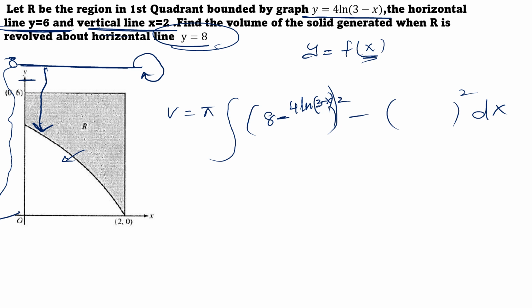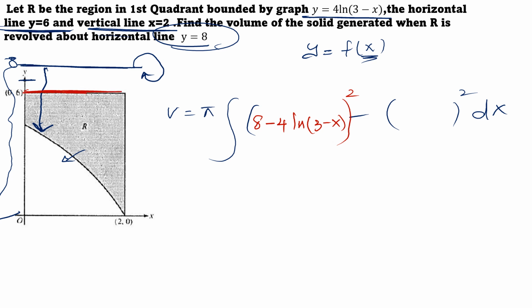Let's write it properly. I will write here 8 minus 4 ln of (3 minus x), close, power 2, minus, and now the nearest one. The nearest one is this line, right?